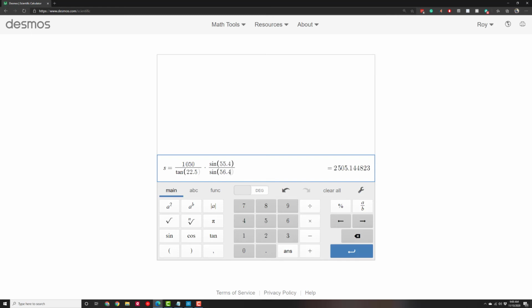It's your choice. They're the same computation. You could have saved B and then said B times sine of 55.4 over sine of 56.4, or you could have done it this way. But in the end, 2,505 feet is the distance between the boat and the crash site. There you go. So that is the full lecture on applications involving non-right triangle trigonometry.